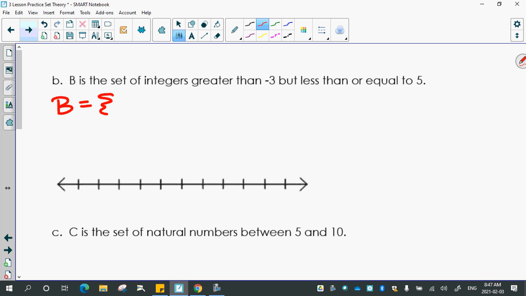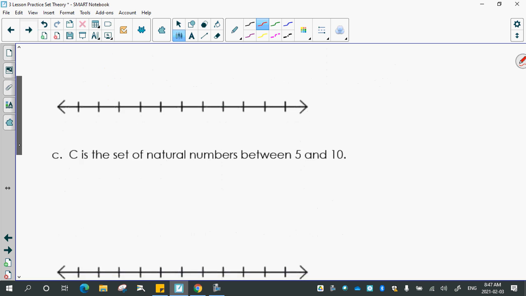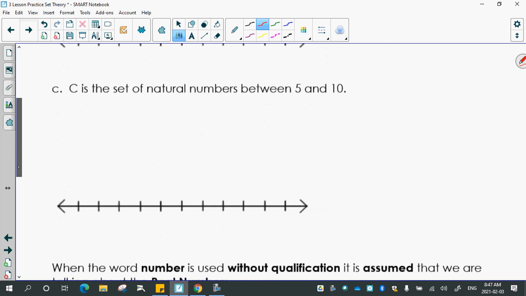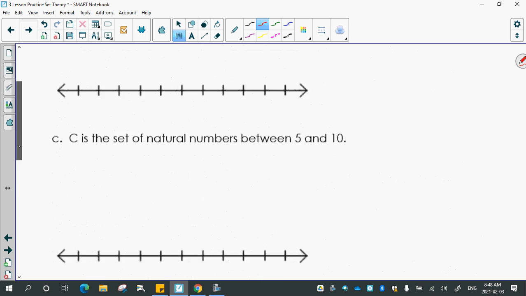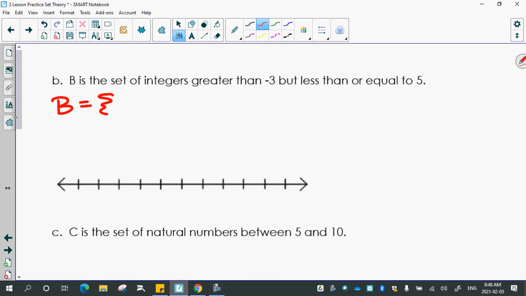Are we missing that page? First, all of us. Yeah. You are? Yeah. Set D, set of numbers greater than or equal to 0 and less than 6.